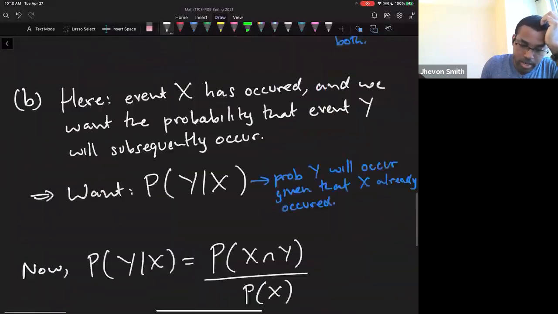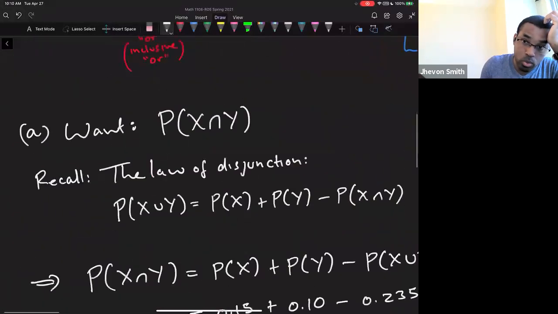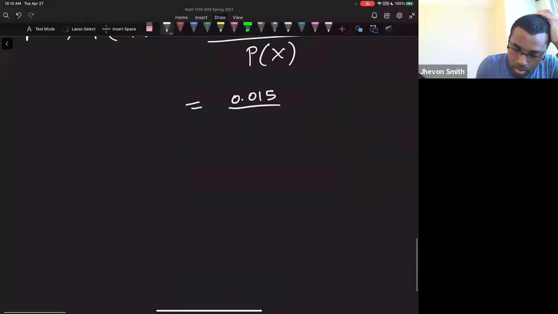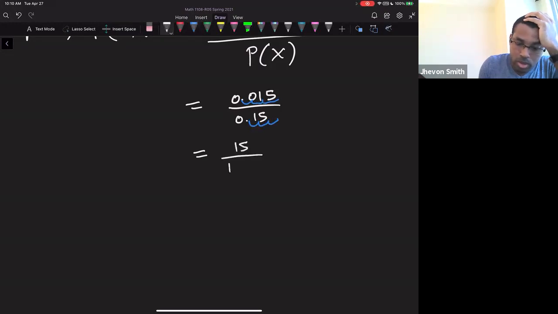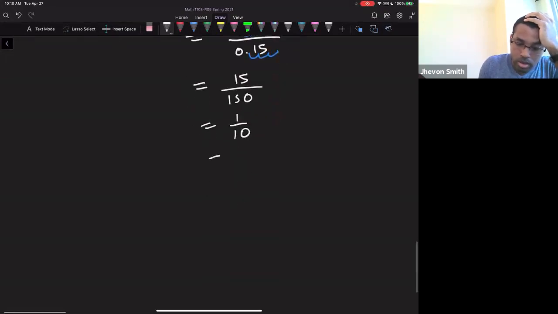And the probability of X, that is 0.15. Of course, you can move the decimal place three, so this is going to be 15 over 150. That's 1 out of 10. So this is 0.1.